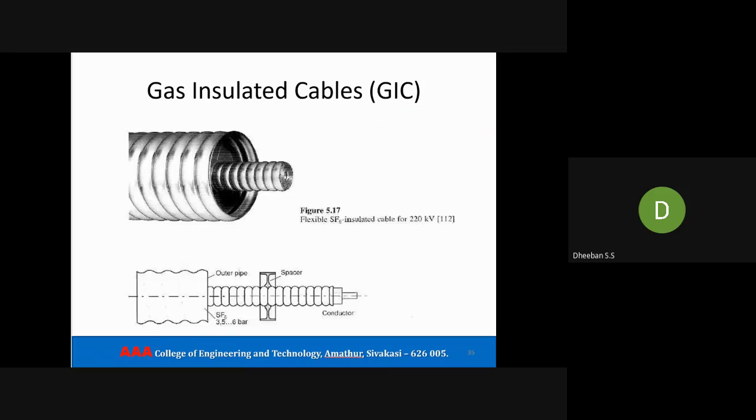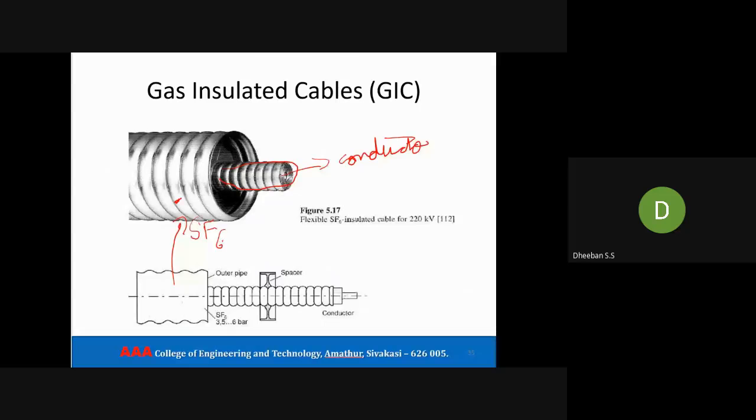So this is how your GIC cable looks. It will be entirely of a steel structure. This is your conductor. Here the structure is for 220 kV.